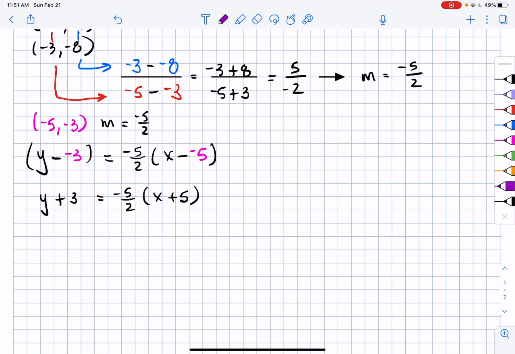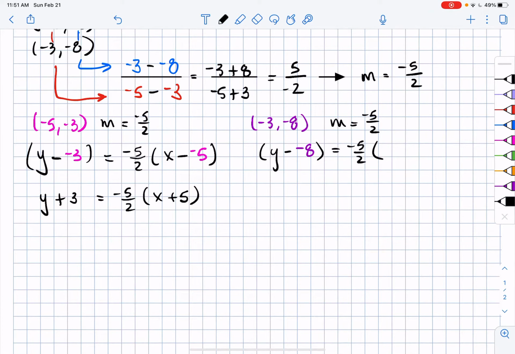However, if I use the second point, which is negative 3, negative 8, and the slope being negative 5 halves, then I'll have y minus my negative 8 is equal to negative 5 halves times my x minus my negative 3, which is my x value.